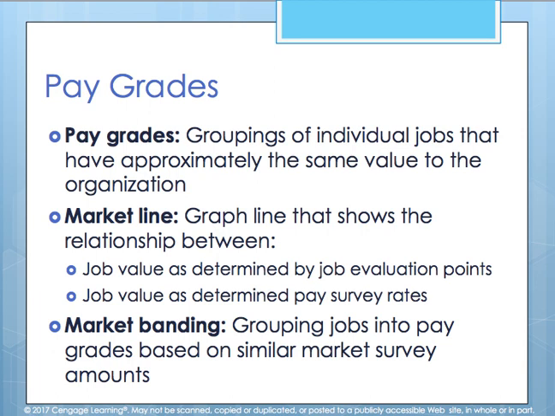So you can then see the relationship between these two. Then we can band by grouping together. We can group jobs into pay grades based on similar market survey amounts. That is the market banding. So you have two different ways in which to group jobs: based on the value within an organization for pay grade, and group jobs into pay grades based on the similar market survey amounts, right?